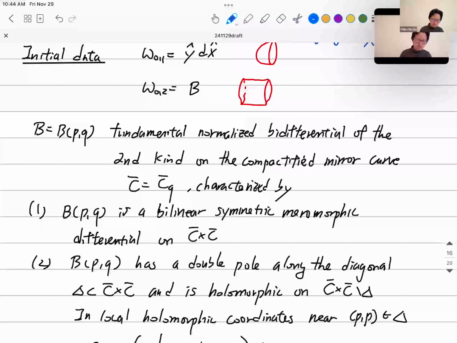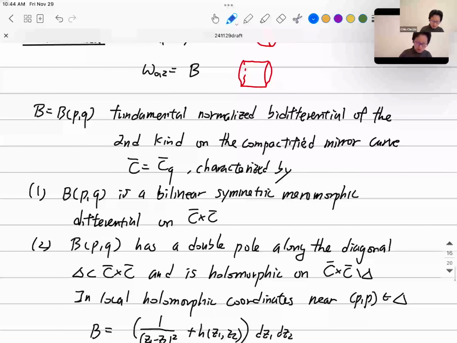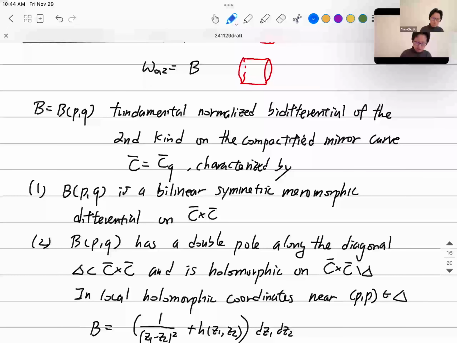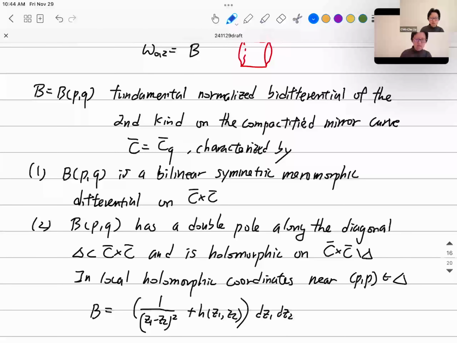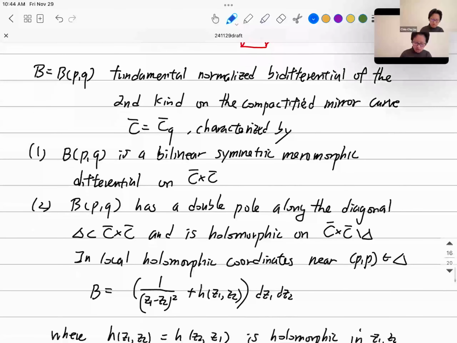I'll call it C star. And it's characterized by the following properties. First, it is a bilinear symmetric meromorphic differential on C bar cross C bar. It has a double pole along the diagonal, and it's holomorphic away from the diagonal. There's some normalization.